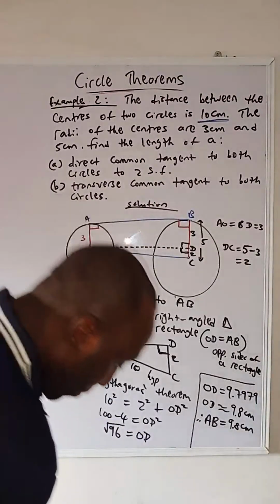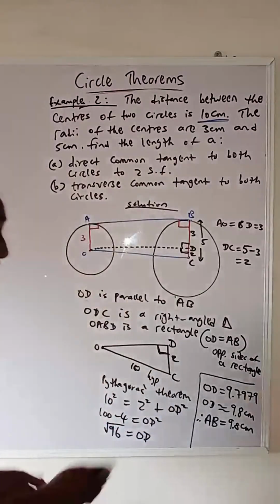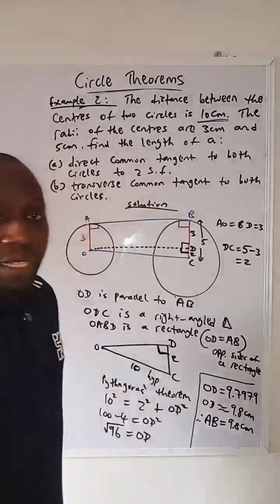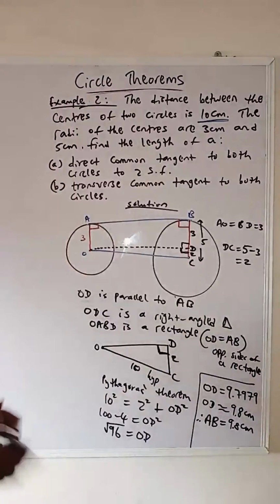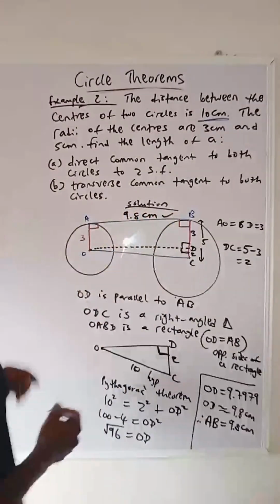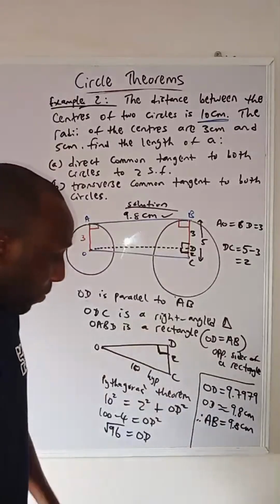That's it. Thank you, Okeleye Ayomide. So the length of the common tangent AB is going to be what? 9.8 centimeters, correct to 2 significant figures.